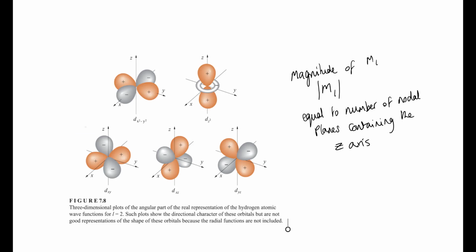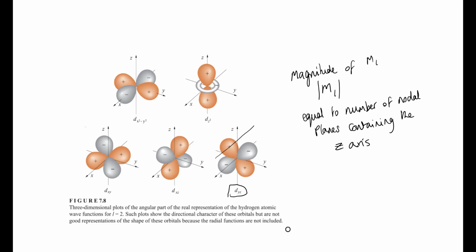So here are the three-dimensional plots of the angular part of the real representation of the hydrogen atomic wave functions as described in the caption, and this is for l equals 2. So these are the d orbitals. One thing you can notice is that the magnitude of quantum number m sub l is equal to the number of nodal planes that contain the z-axis. So for example, if we look at the d sub yz component, we see that there is a nodal plane here that sits in between the lobes.